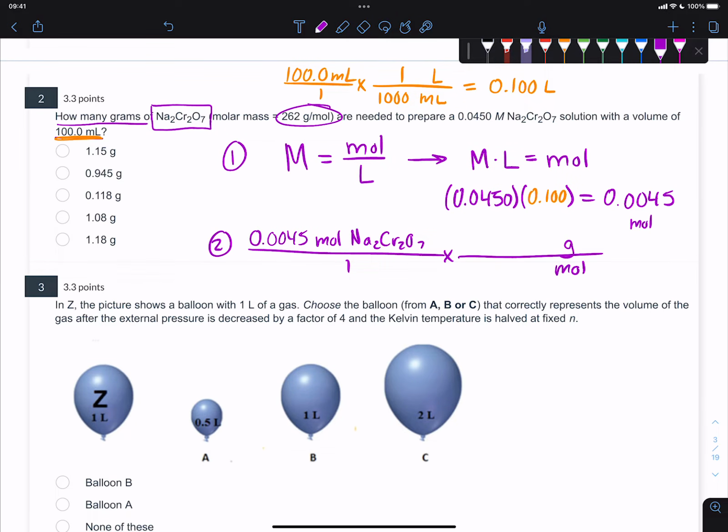Remember, the molar mass is a conversion factor that allows you to convert from grams to moles or from moles to grams. So we're going to have 262 grams for every 1 mole, and then you're going to get your answer when you do that. If we multiply that number by 262, we get 1.179, and with sig figs it's 1.18.